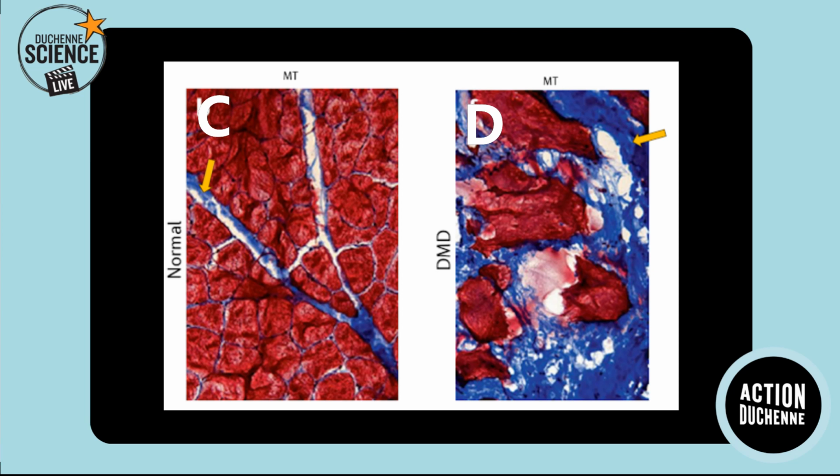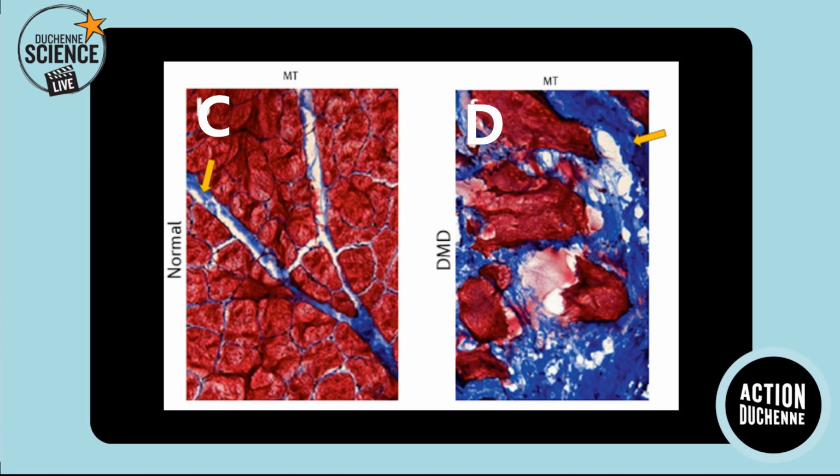The arrow in yellow pointing to the blue tubular lines, these are connective tissues. And you can see they are connecting all the cells in red throughout the muscle. And the connective tissue is nicely placed. There's a good distribution of it across the image in C. However, if you look at image D, which is from a dystrophic muscle, you can see the connective tissue is all over, and is kind of taking over the muscle cells.